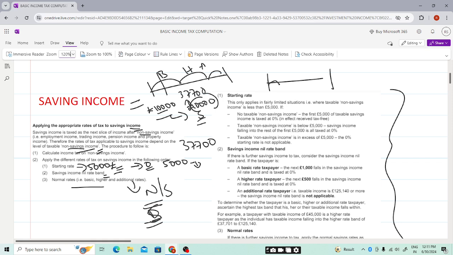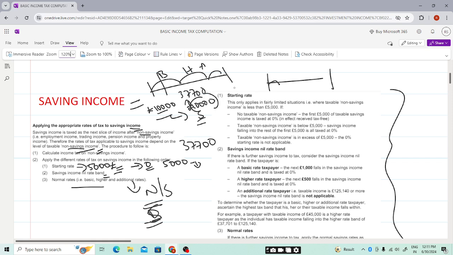If the non-savings income is greater, it will consume your basic rate limit of 37,700. If your non-savings income is above 125,140, then your savings income will be taxed at 45%. Whether you earn 1,000 pounds or any other amount, it will be taxed at 45%.